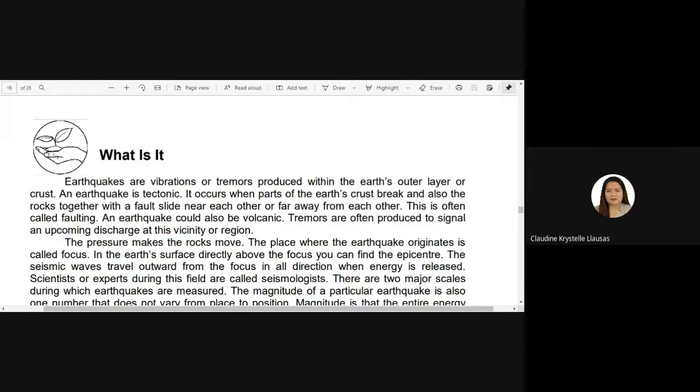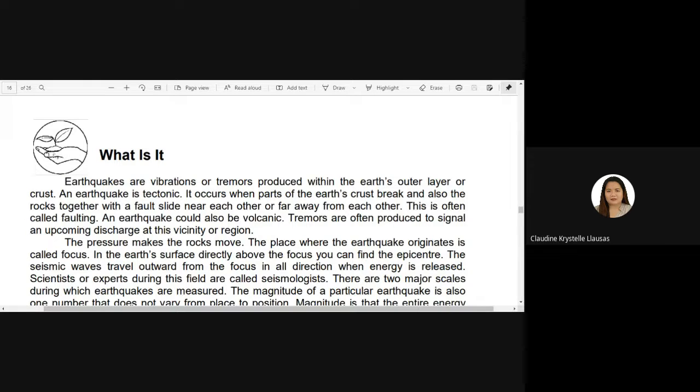Okay, thank you, Kathleen. So, ang earthquake or linog is actually vibration. Kaya kanang para sa cellphone nga nag-vibrate, ingon na ang linog. But earthquakes are produced within Earth's outer layer or crust.